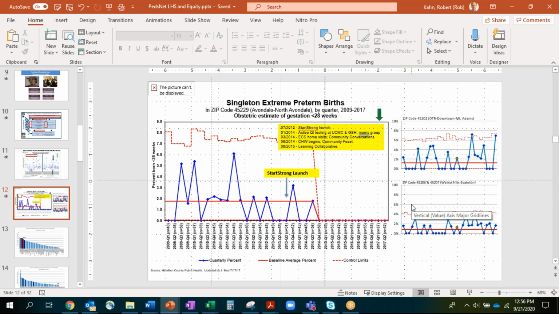These are demographically comparable neighborhoods. So I can't easily say that it's 100% due to this particular effort, but I can tell you that literally every morning we had nurse case managers waking up and saying, I have 72 women from the 45229 zip code, from Avondale, and I know where each of them are, what each of them needs.